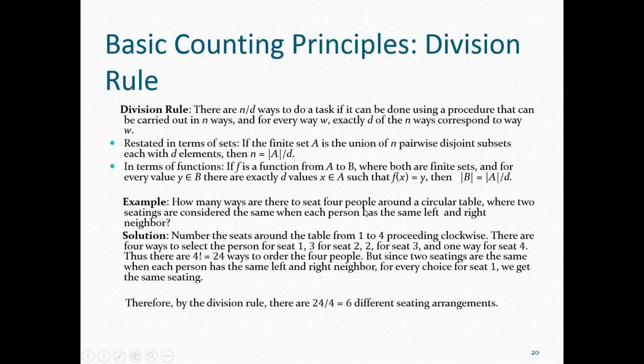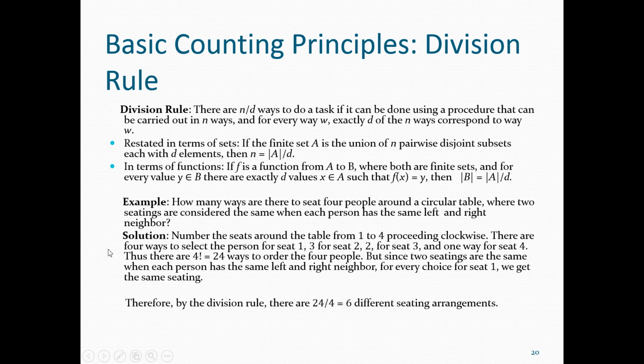How many ways are there to seat 4 people around a circular table, where 2 seatings are considered the same when each person has the same left and right neighbor? First of all, number the seats around the table from 1 to 4 clockwise.